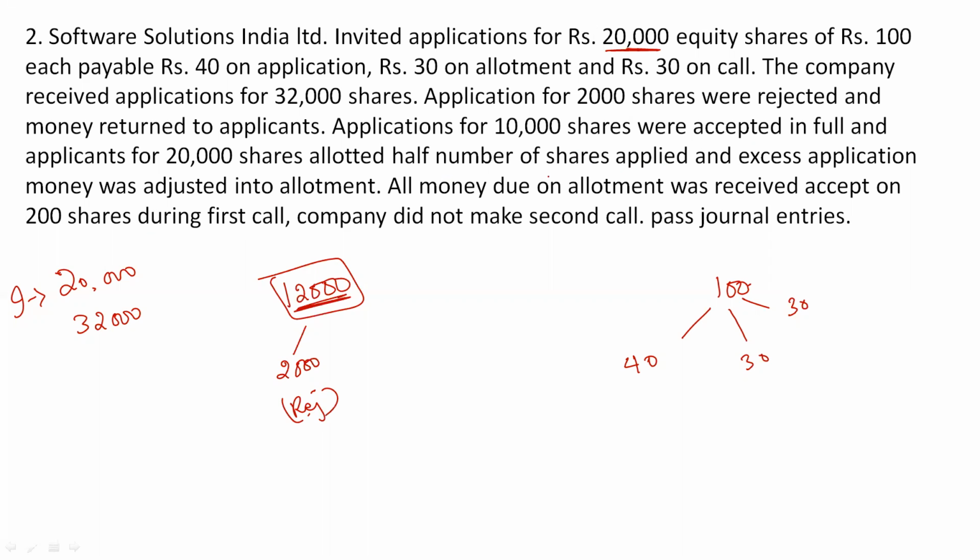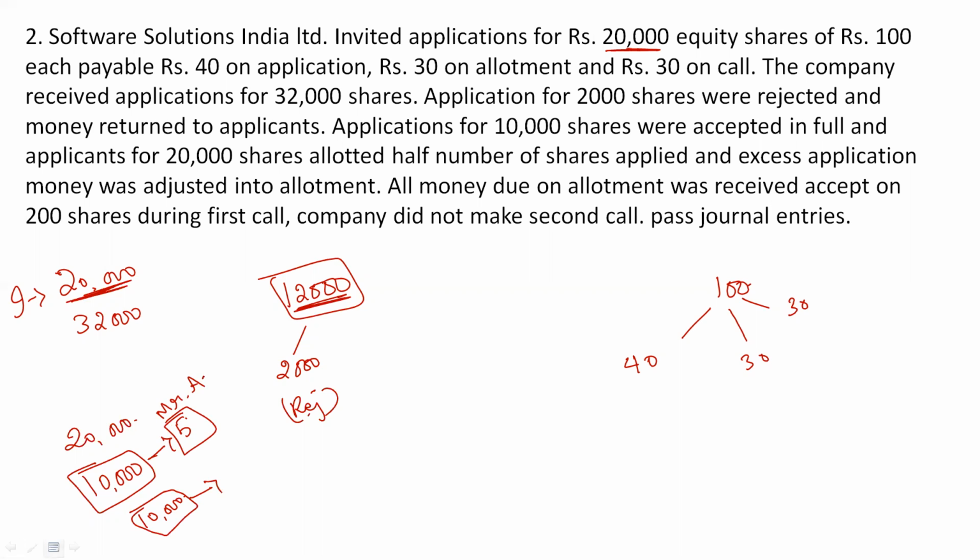Out of the 20,000 shares the company wanted to issue, for 10,000 shares the company has allotted in full. Suppose Mr. A has asked for 5 shares, he will be given all the 5 shares. And for the remaining 10,000 shares, they have allotted half.